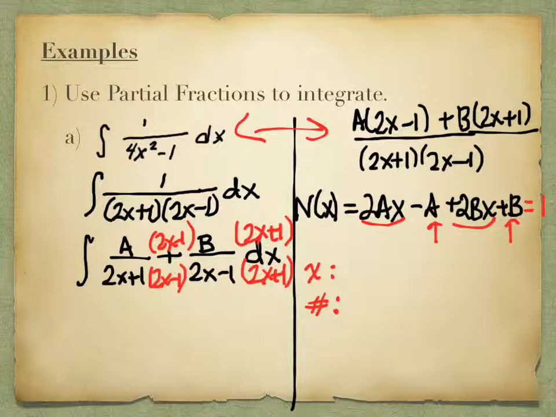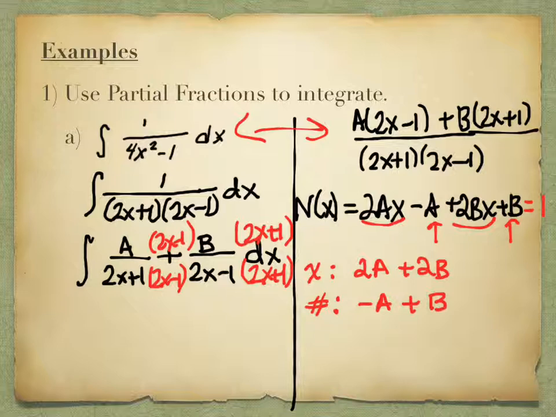So what terms have an x in them? The 2ax and the 2bx. So they have values 2a and 2b that are each multiplied by x. So I've sort of factored that x out. You can think about it that way. And the numbered terms, the terms that don't have an x in them, are what? Negative a and positive b.